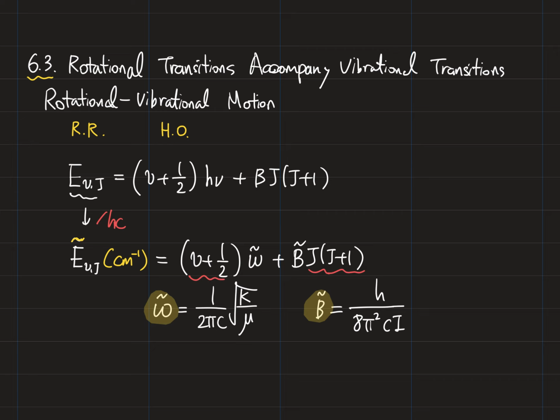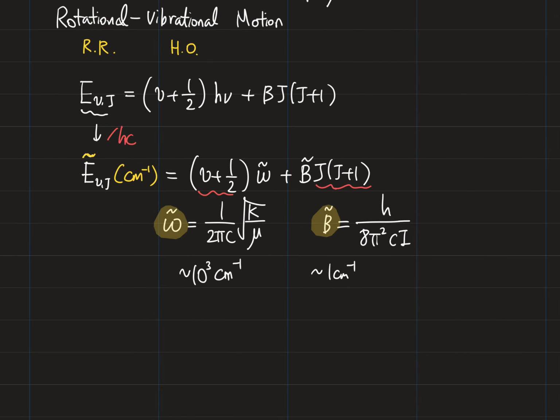If you calculate omega tilde and B tilde for typical molecules, then you will realize that the order of omega tilde is like 10 to the 3 wave numbers, cm inverse, and B tilde is only about 1 wave number unit. So you might notice that the vibrational energy level has about 100 or 1,000 times larger spacing compared to the rotational motion.